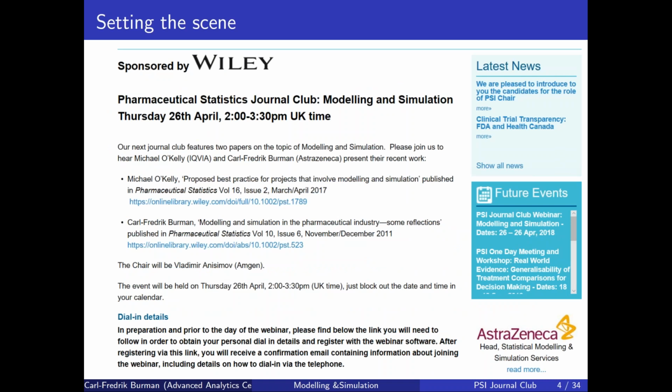When I was looking at this, it was 2005, the first paper coming out, and then a couple of years later, the working group wanted an update. So that was the background for the work together with Johan Wiklund. At that time, Johan was the global modeling and simulation lead at AstraZeneca statistics. We were setting out to try to define a common ground.